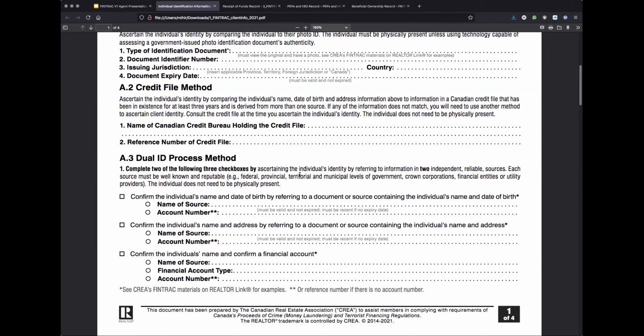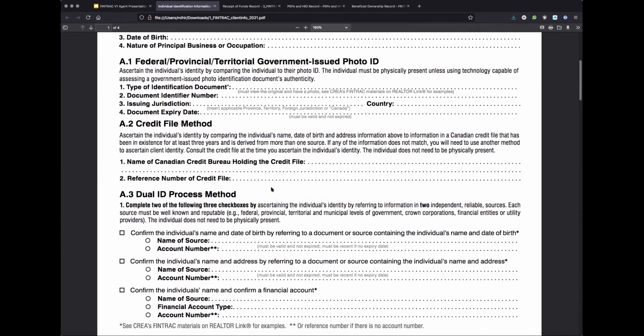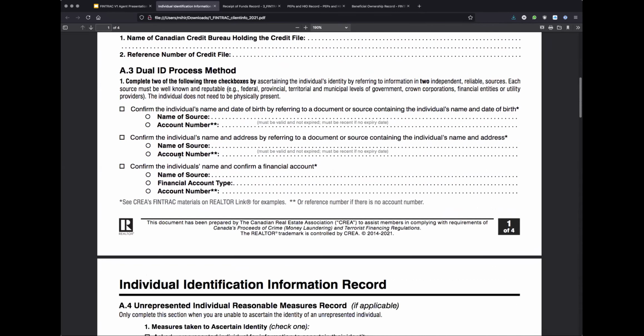So, for example, if the client has a bank statement, a utility bill, or a pay stub, these are all dual process ID methods that are possible to use in this section. In this case, the individual does not have to be physically present, but for the purposes of this application during coronavirus, if you are not meeting the person face-to-face, it's still acceptable to complete A.1 at this time. An exception is being made by Fintrac.